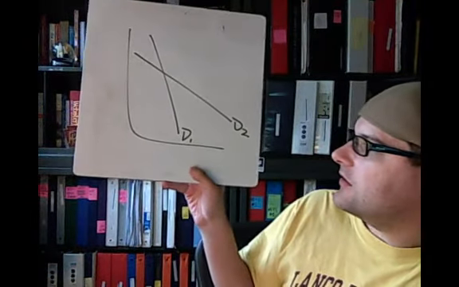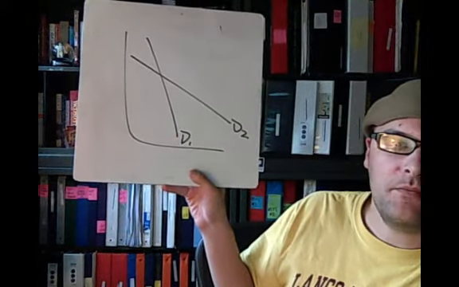Now the question is, if you were to have two demand functions graphed on the same graph, say a demand function for good 1 and a demand function for good 2, you can see that one is steeper than the other.